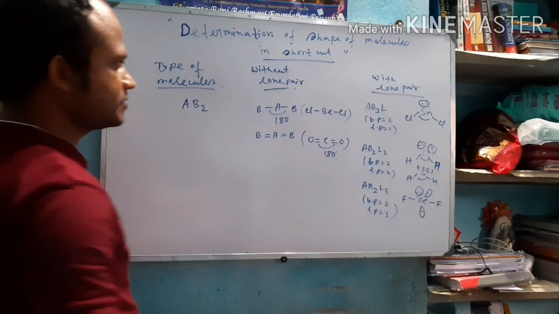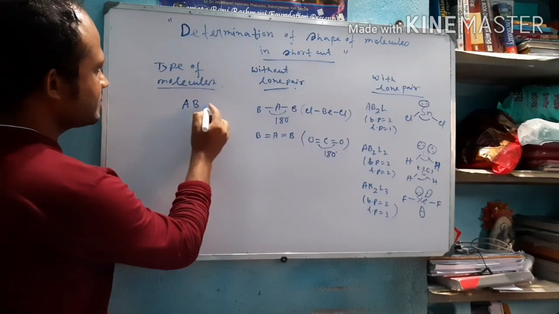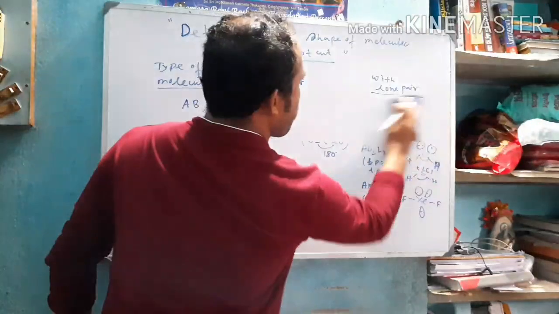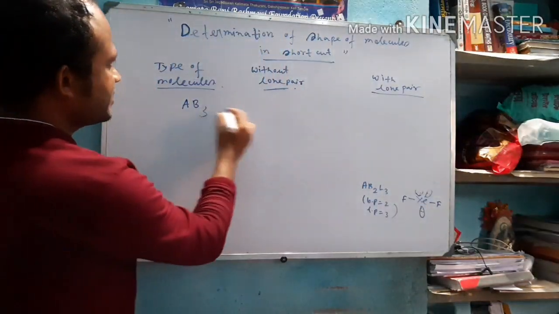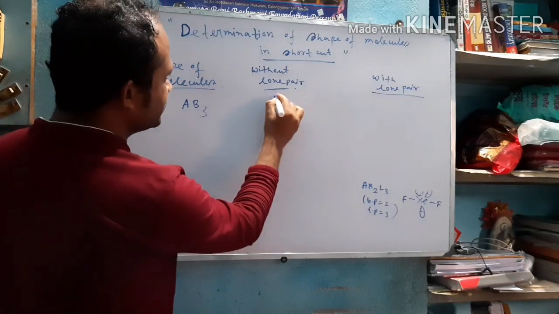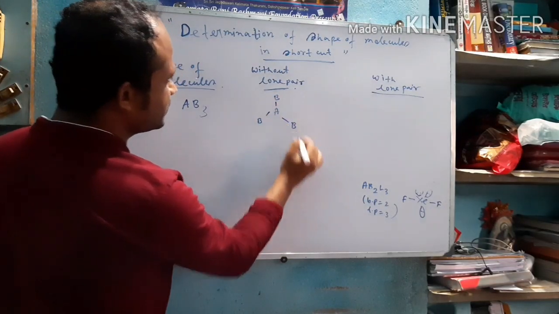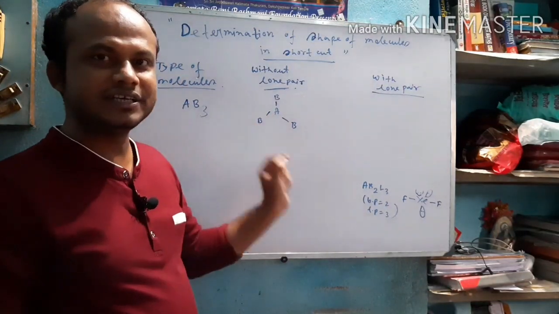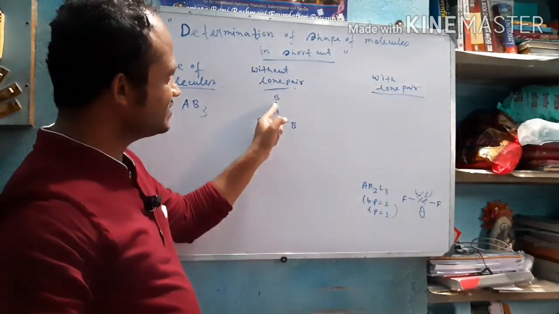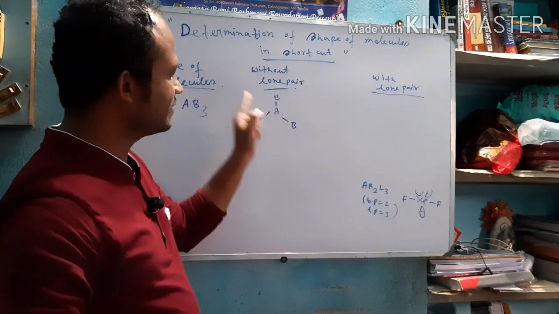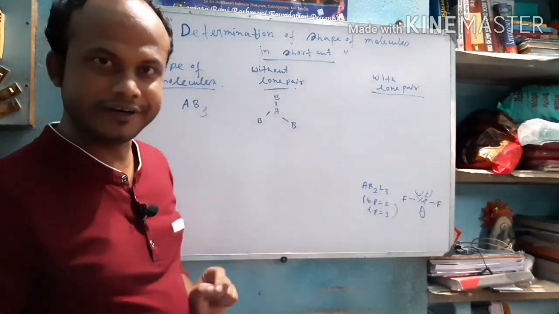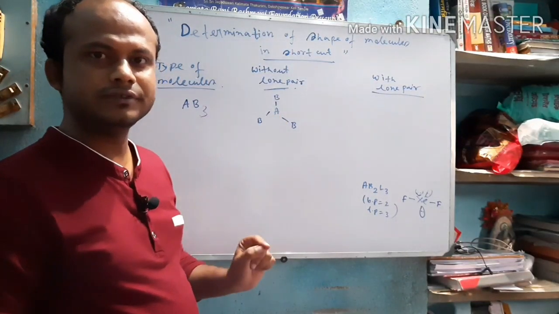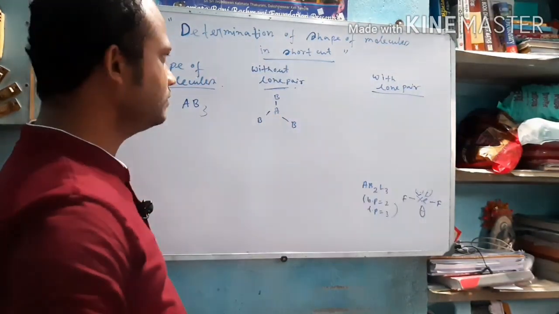These are AB2 type molecules. Now I will discuss AB3 type molecules. AB3 type molecules without a lone pair, you can predict this type of molecule because A has only 3 valence electrons, and with these 3 valence electrons it can form 3 covalent sigma bonds. So the A atom belongs to group 13, that is a 3 valence shell element, group 13.